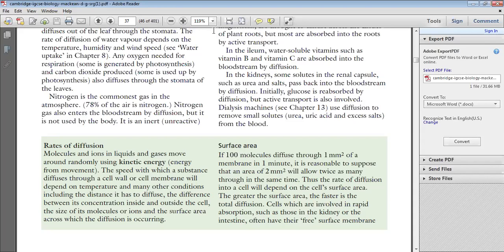Surface area. If 100 molecules diffuse through 1 mm square of a membrane in 1 minute, it is reasonable to suppose that an area of 2 mm square will allow twice as many through in the same time. Thus, the rate of diffusion into a cell will depend on the cell surface area. The greater the surface area, the faster is the total diffusion.